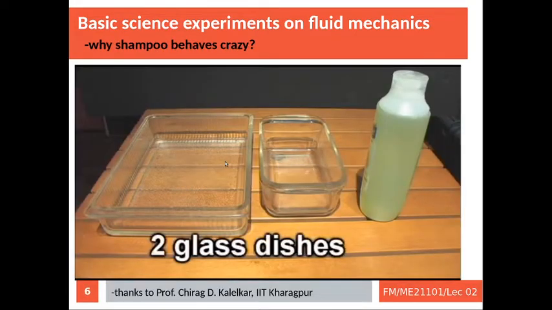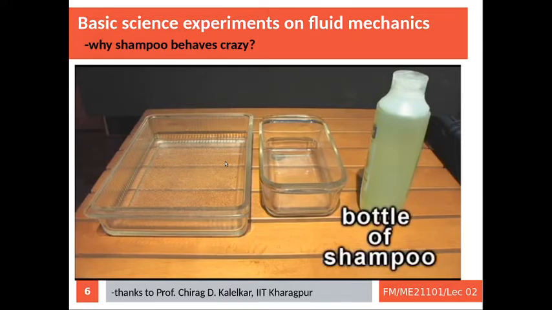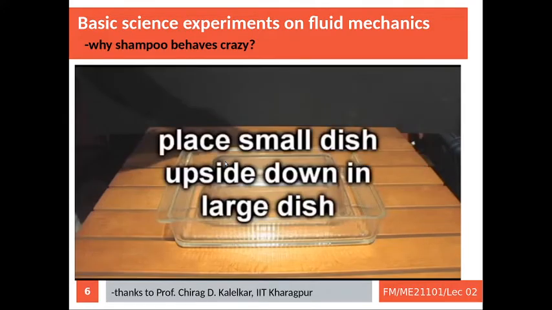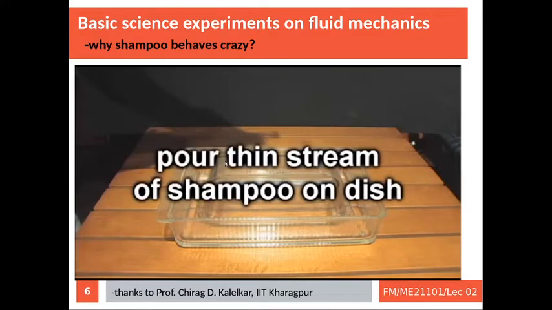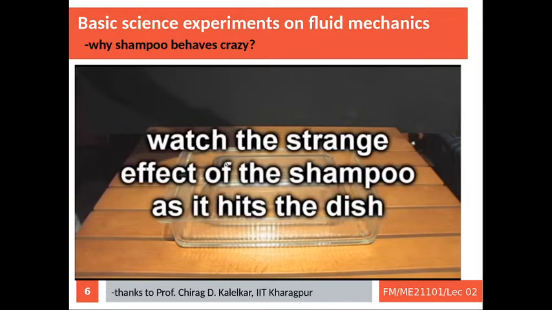Now let us look at why shampoo behaves in a crazy way. You have a bottle of shampoo, you are pouring that and suddenly you see an eruption of the shampoo.